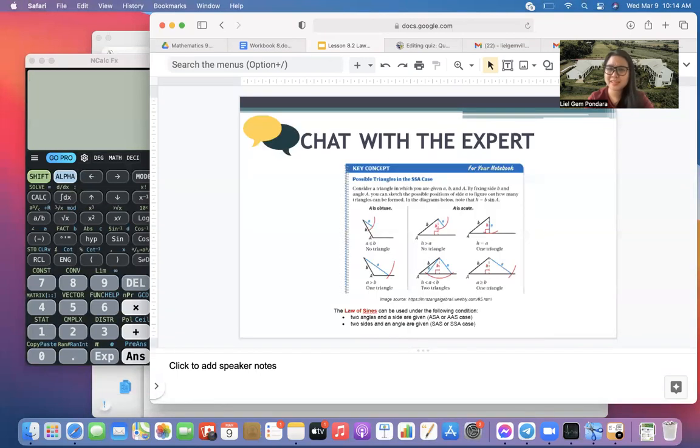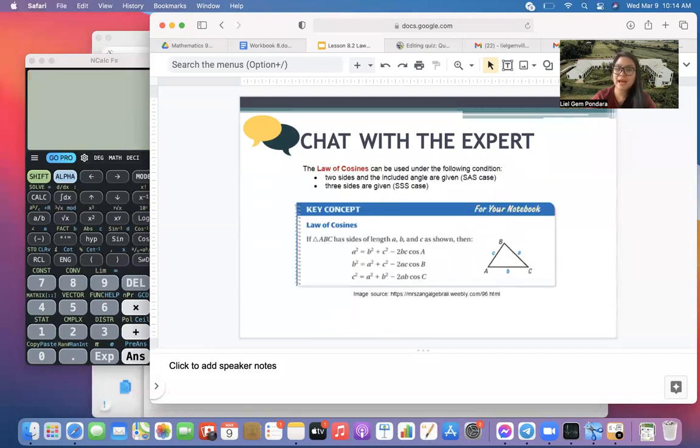Now let's start with today's lesson. In the law of sines, you can use it when there is an ASA, like two angles, one side, or two sides, one angle. Remember, the law of sines can be used when there is one complete pair, one angle and one side.